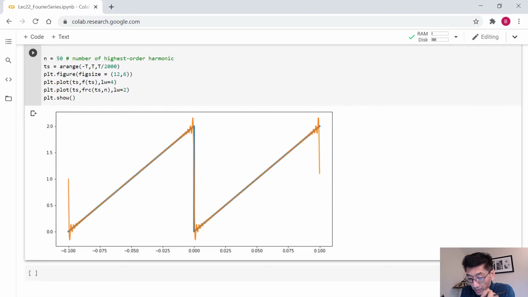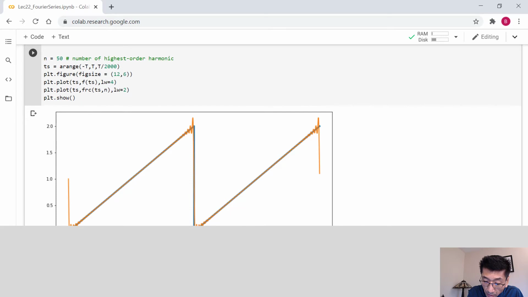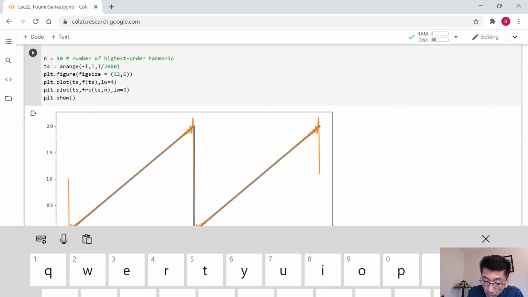Yeah. So this is with the 50 Fourier coefficients. Right. Let's see, if we do 200, that should get even closer for the reconstructed waveform. So we get a better match.